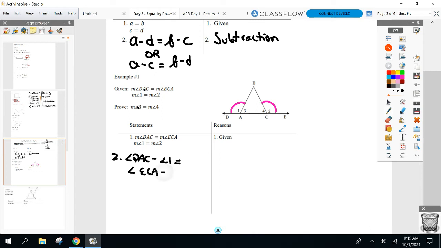ECA minus angle 2. What allows you to write that? How do I know they're equal? Subtraction.